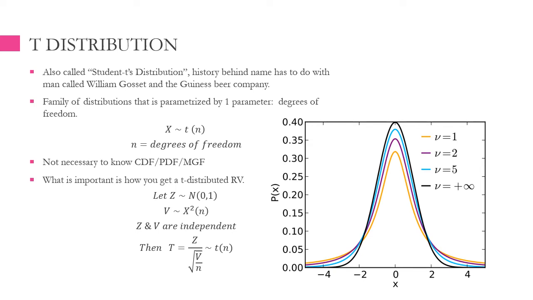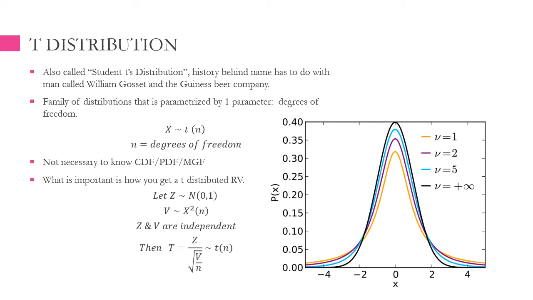As v increases, the peak of the distribution goes up and the tails go down. Essentially, as n, your degrees of freedom, or v, goes to infinity, then your t-distribution will be a normal distribution. So that's the t-distribution.